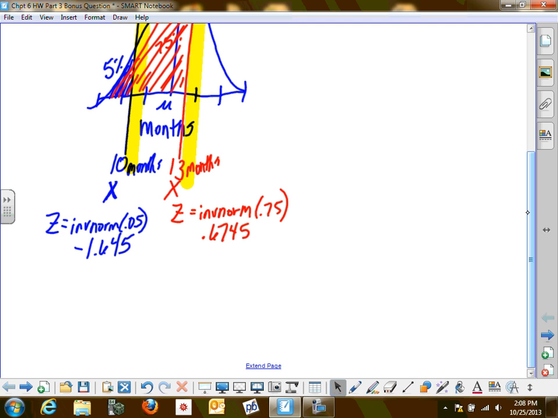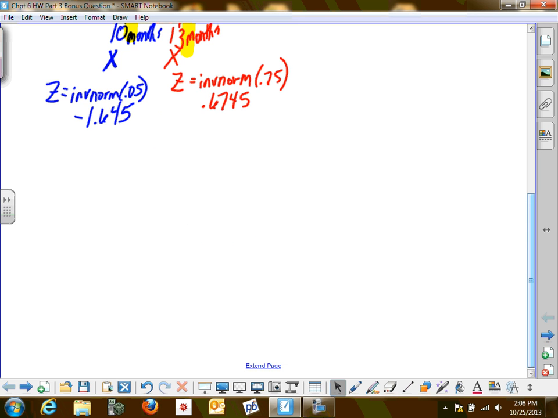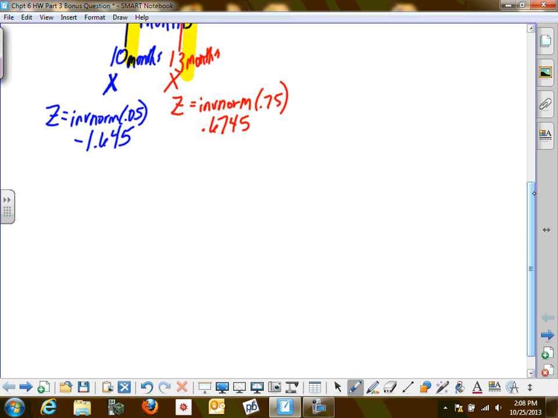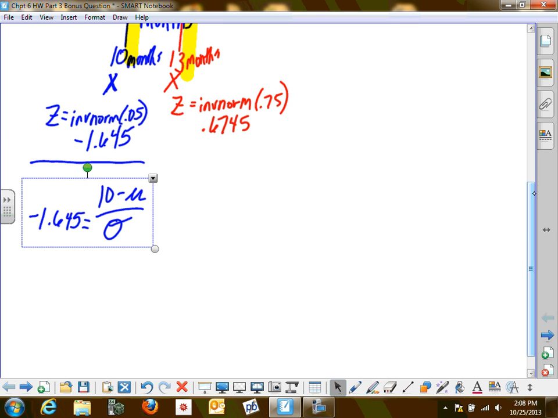So, from that, we can make our two equations, and here's what that looks like. Our equation for this data in blue is going to be this. Negative 1.645 equals our data minus the mean over the standard deviation. Okay? So data minus the mean over the standard deviation. Okay.